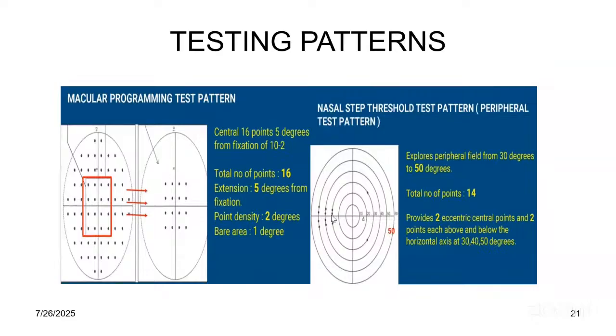So it's actually a peripheral test from 30, 40, and 50. Total points tested is about 14, and it provides 2 eccentric points and points being tested either above and below the horizontal axis. So that's it for the test pattern.